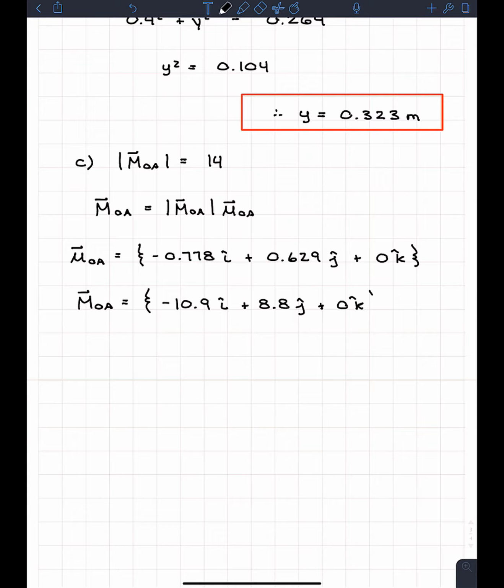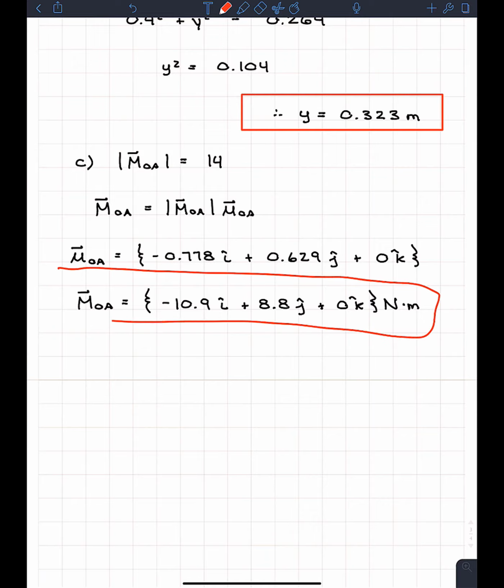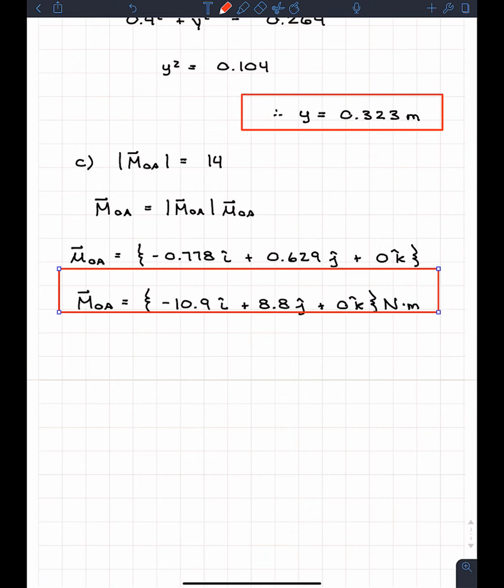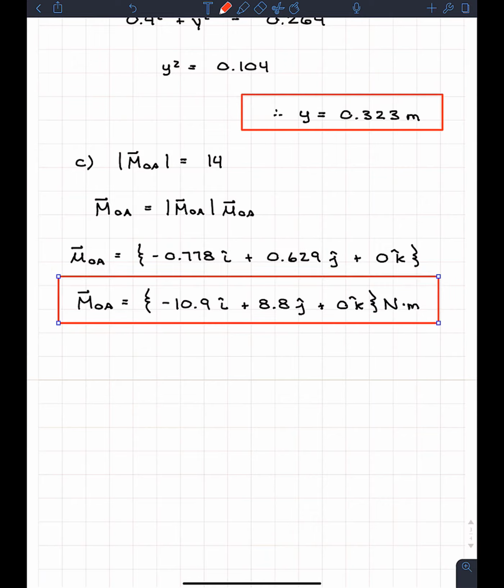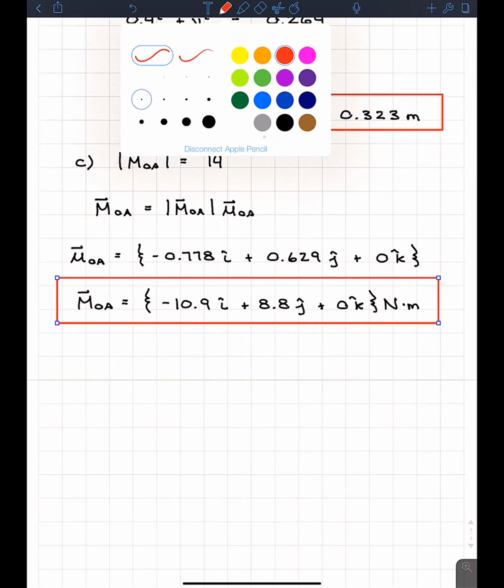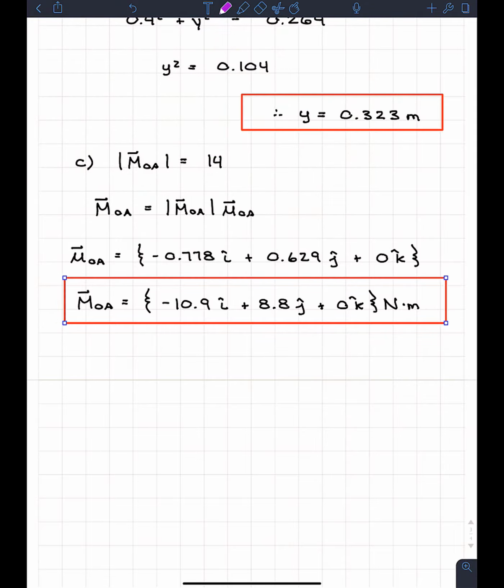So we're going to end the brackets. Remember, this will have units of newtons times meters. And it's very important that you remember the units in the midterm. Very, very important. You get lots of marks taken off otherwise, because units are one of the most important things in engineering.